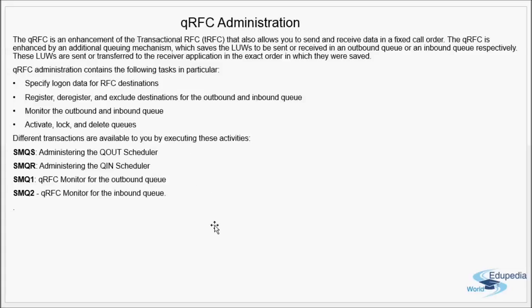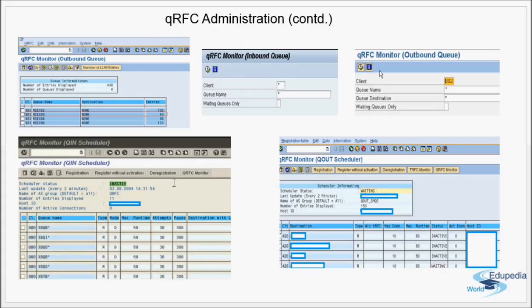So here in qRFC administration we have 4 transactions: SMQS for monitoring the outbound scheduler, SMQR for monitoring the inbound scheduler, SMQ1 to monitor the qRFC outbound queue, and SMQ2 to monitor the qRFC inbound queue. We'll see what these are.